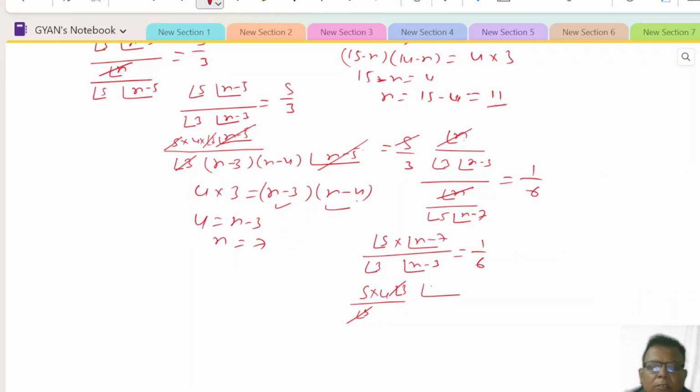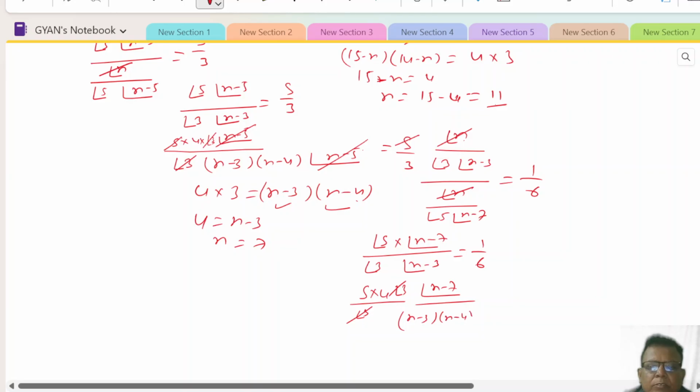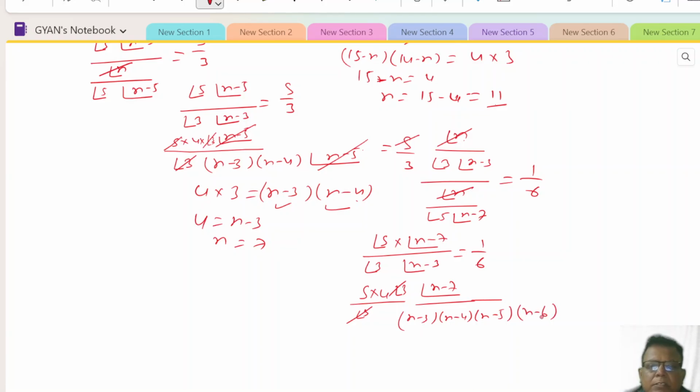And here (n minus 7) factorial, n minus 3, n minus 4, n minus 5 and n minus 6, into (n minus 7) factorial is equal to 1 by 6.